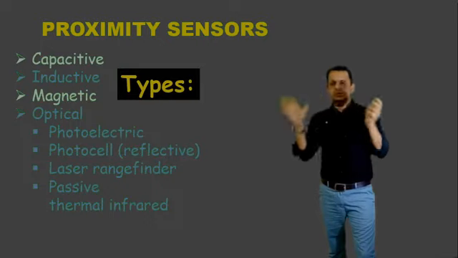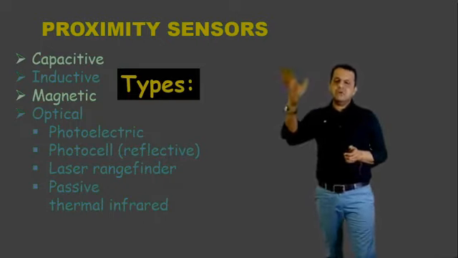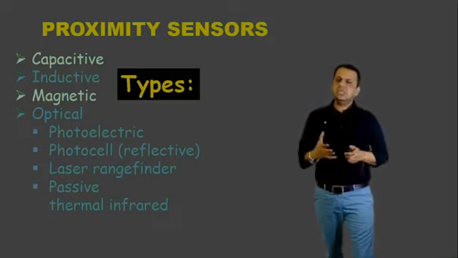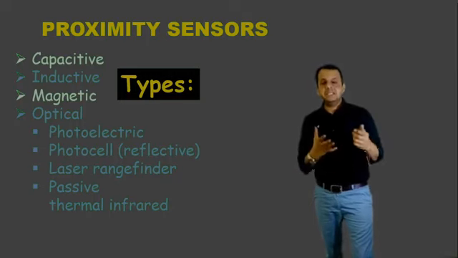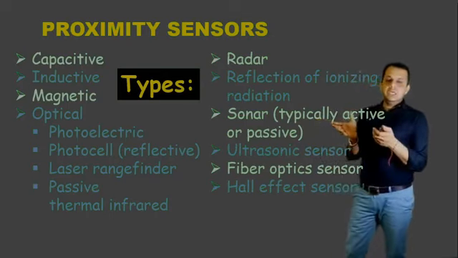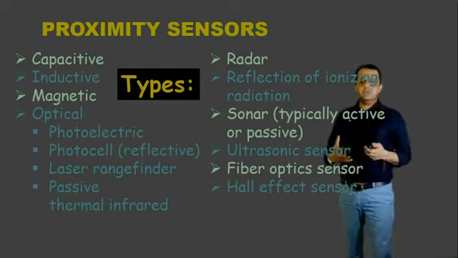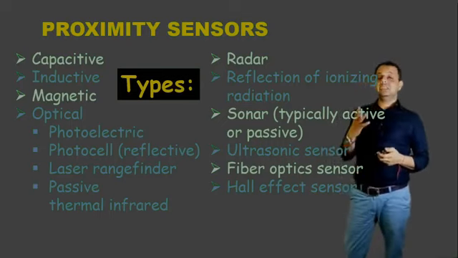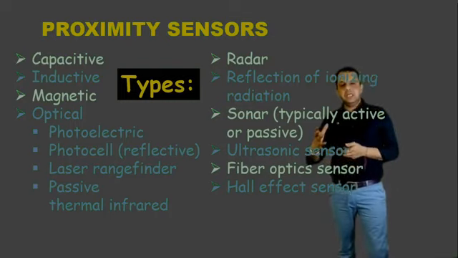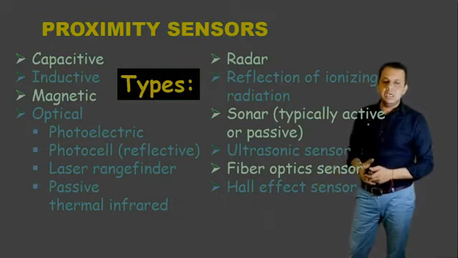Numerous proximity sensors are there, starting with the basic fundamentals of the passive elements like capacitive, inductive, then magnetic fundamentals, optical, and those based on radar and reflection rays, typically active or passive sonar activity, or based on sound waves, that is ultrasonic sensors, and another variation of the magnetic sensor, that is the Hall effect sensor.